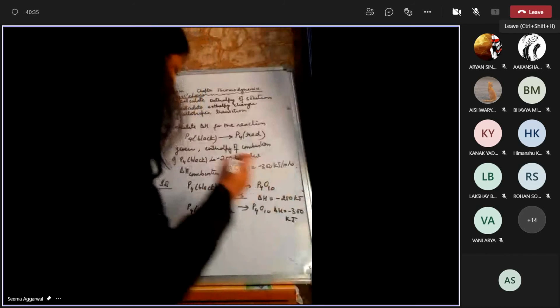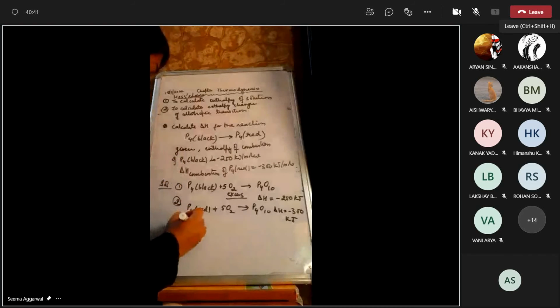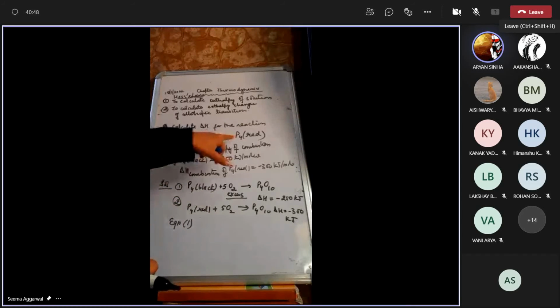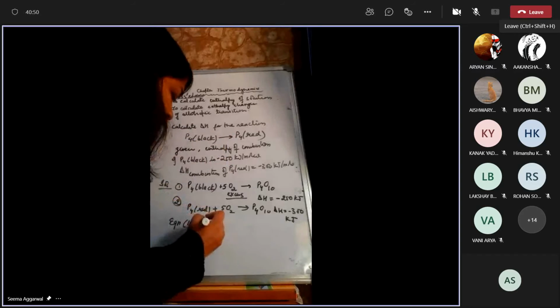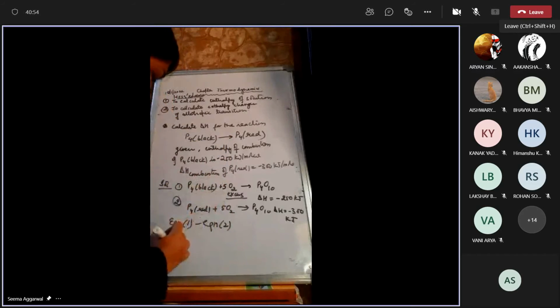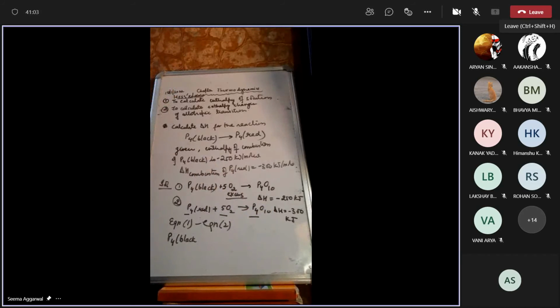So how will you write this equation? Equation 1 plus or minus equation 2? Phosphorus black is on the reactant side, so minus equation 2. Let me subtract directly, that will be easier.